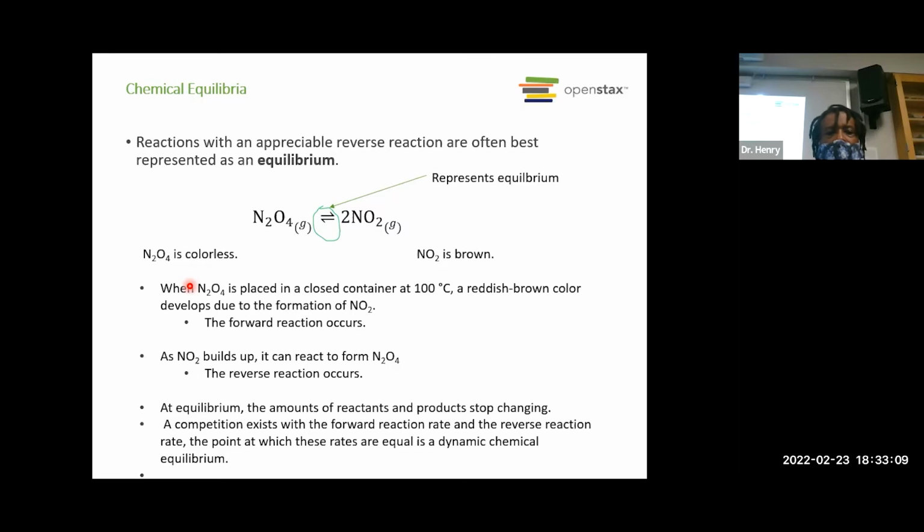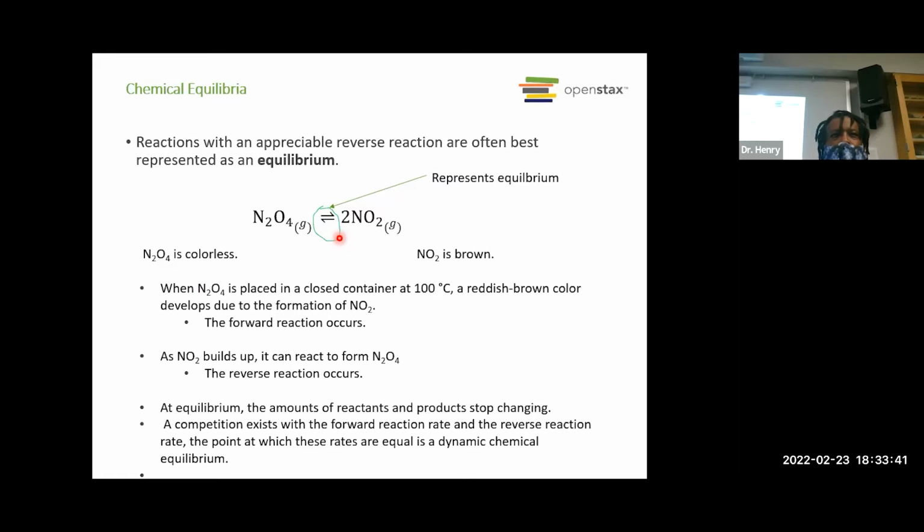You're going to get a brownish red color because you have that colorless component and also that brown component. Both moieties are going to exist, because it's constantly going from one to the other. You have the forward reaction occurring and the backwards reaction occurring. Again, the double arrow represents equilibrium.